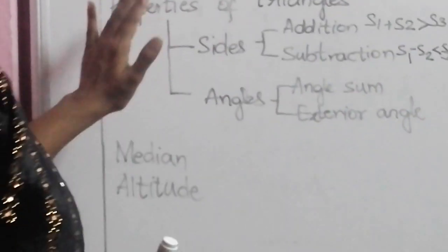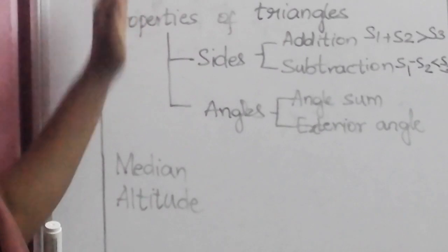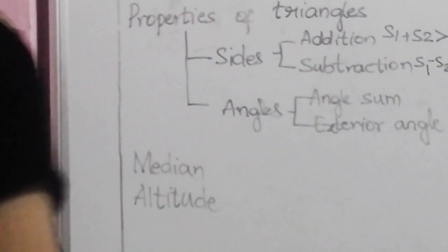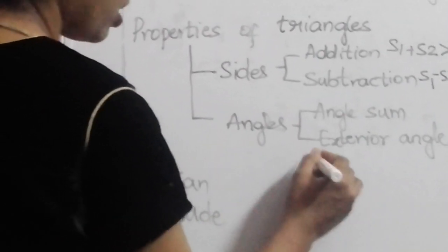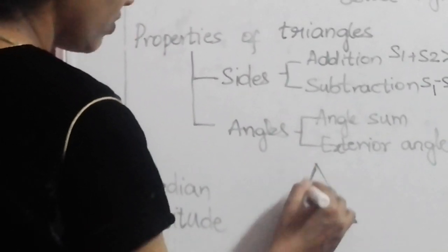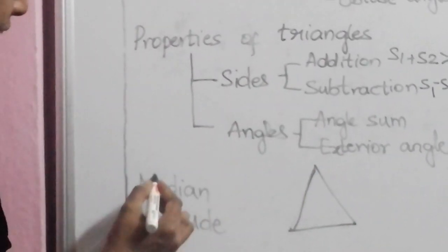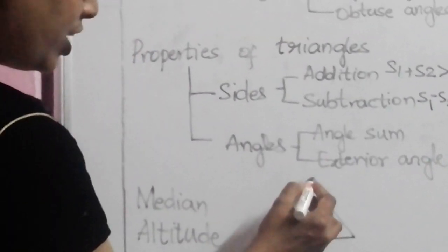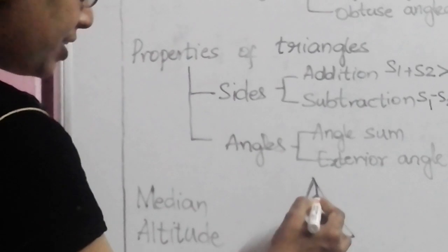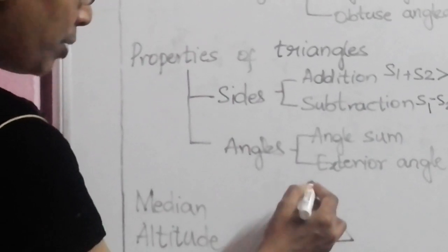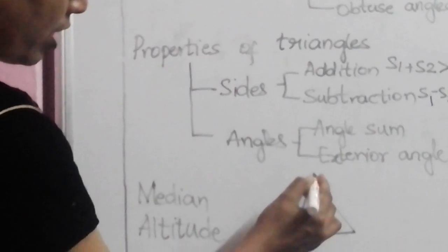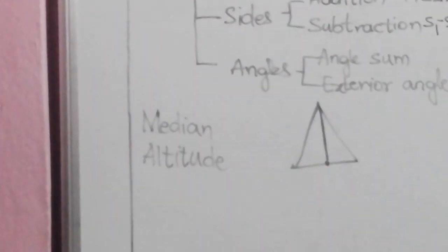Now after those 4 properties, we have learnt types of angles. Median we have learnt. What is a median? In a triangle, when we draw a line segment joining the vertex to the midpoint of the opposite side, this is called a median.